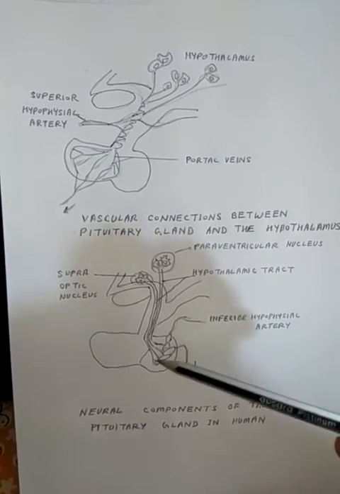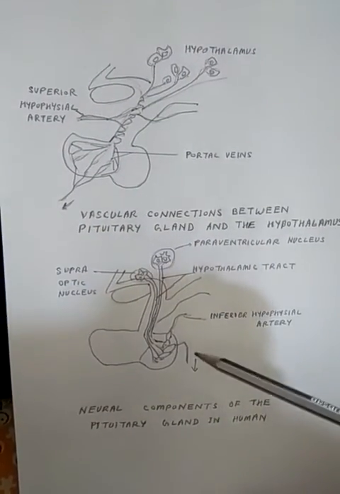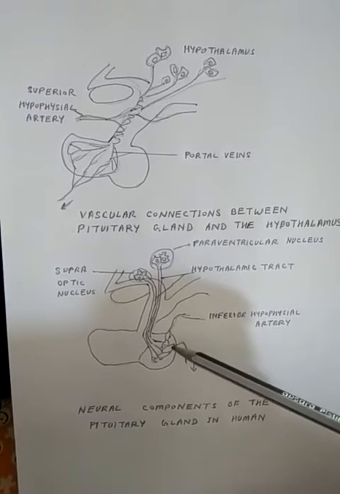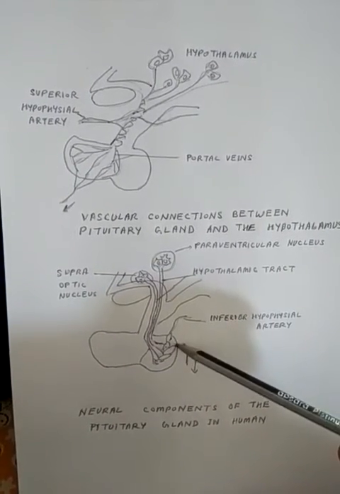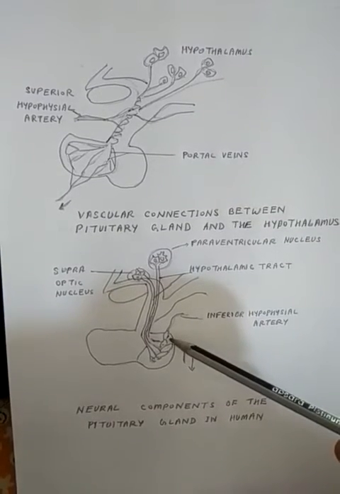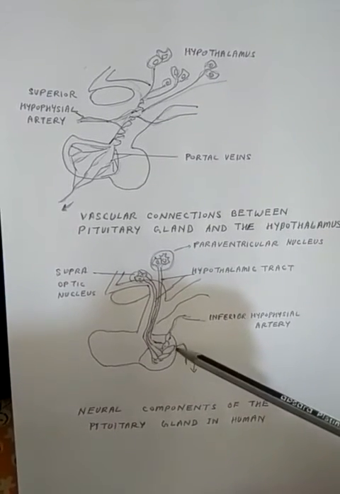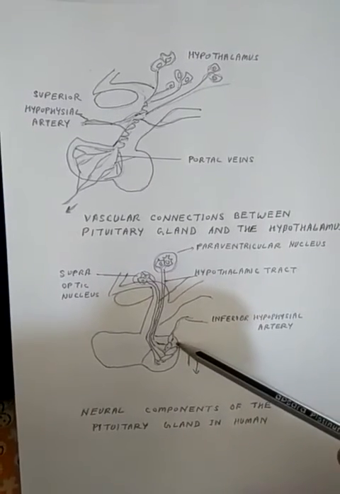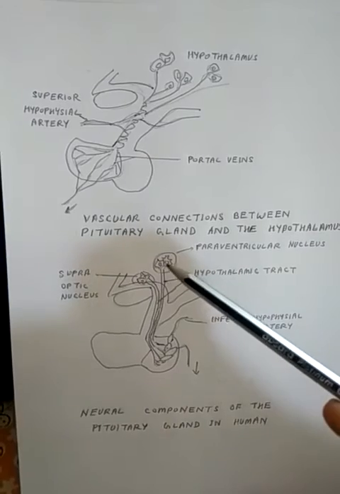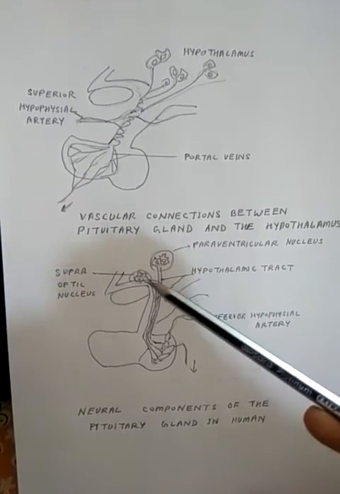One more thing about the posterior pituitary is that it also releases hormones like the anterior pituitary, but the hormones that are released from the posterior pituitary are not produced in the posterior pituitary, rather they are produced in the hypothalamus.